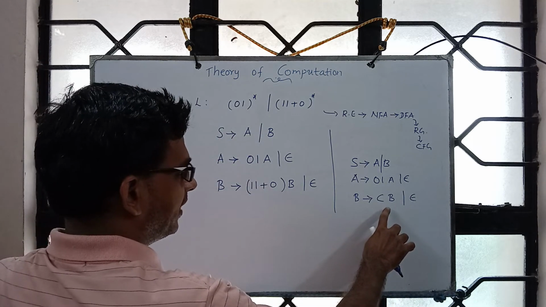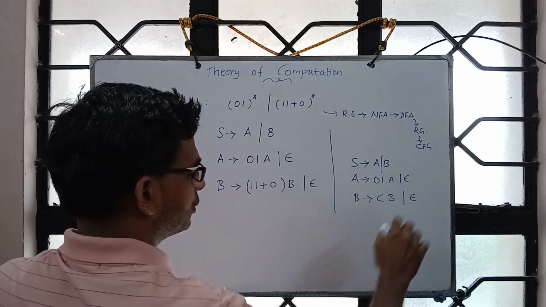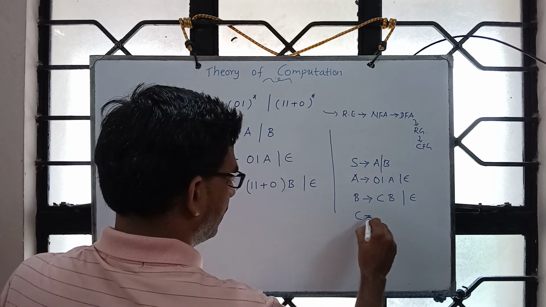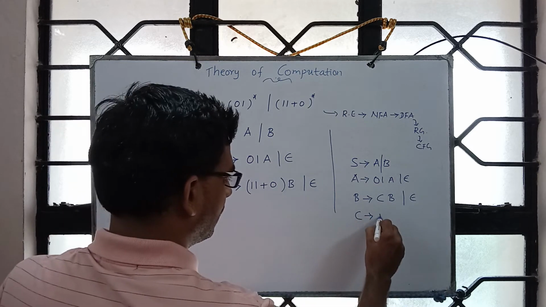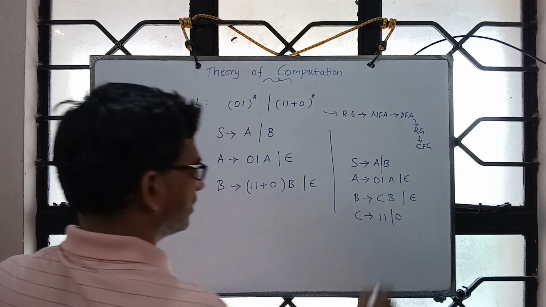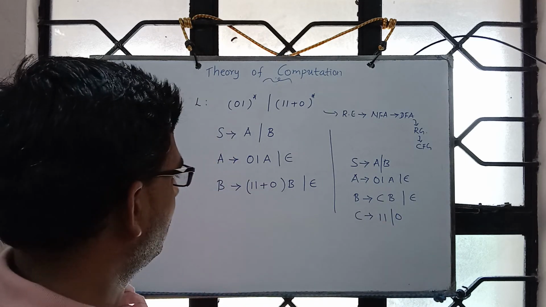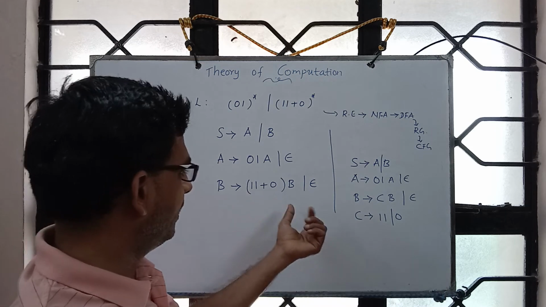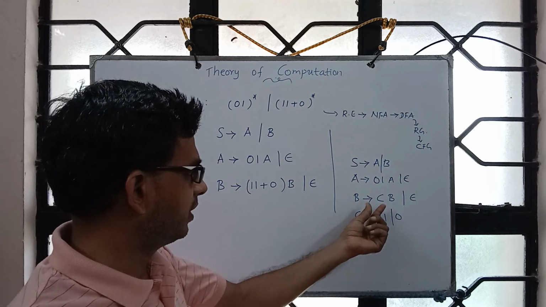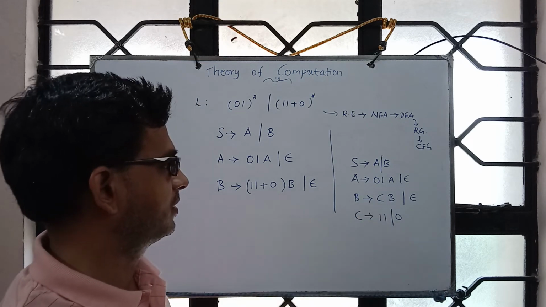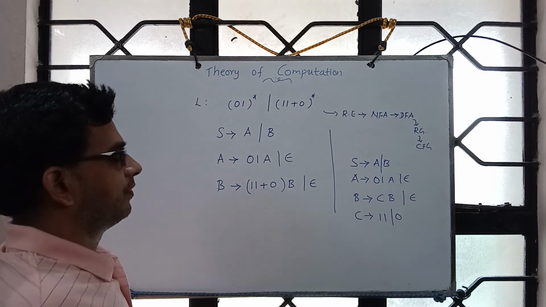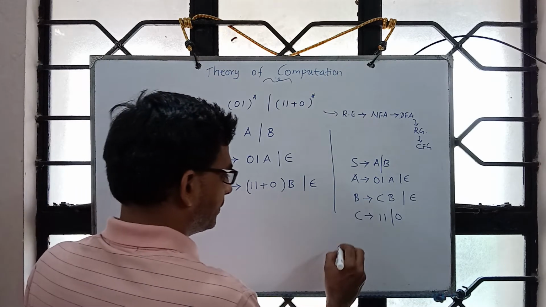Now with this we keep getting CB, CB, CB and so on. And what is the value of C? C can take either 1, 1 or 0. So this can be further simplified just by introducing one more non-terminal, we get this.